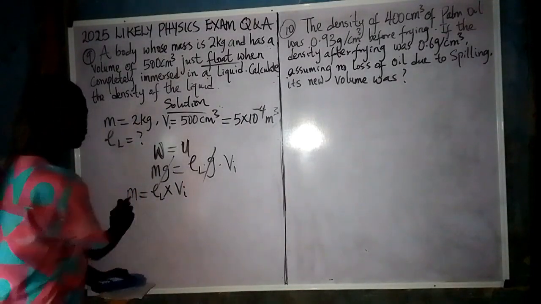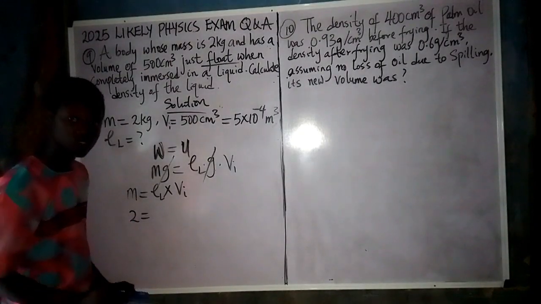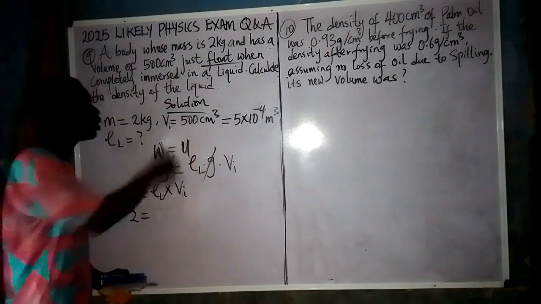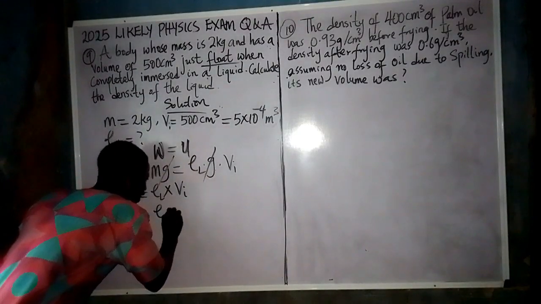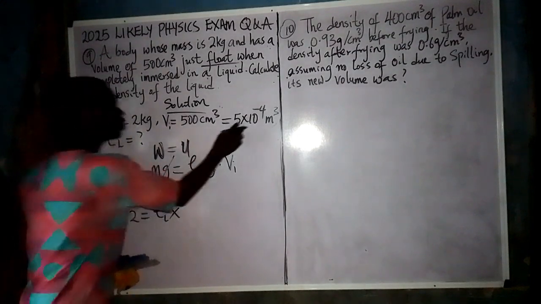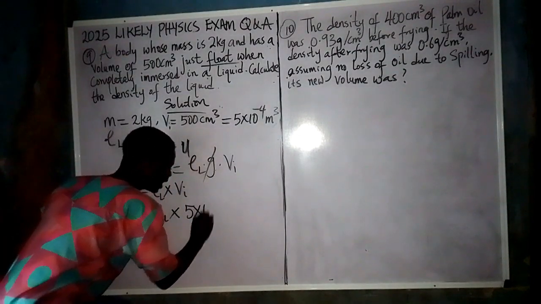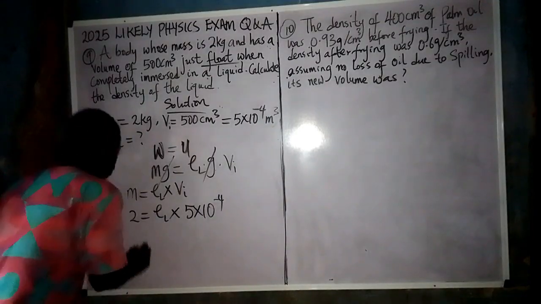Now from here, what is M? M is 2. It will now be equal to, do we know P subscript L? That is the density of the liquid. No. So I will leave it as P subscript L times the volume of the body immersed. It was what? 5 times 10 raised to the power negative 4, is it not? Now good. Now we are looking for PL.